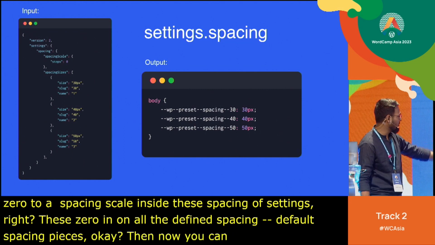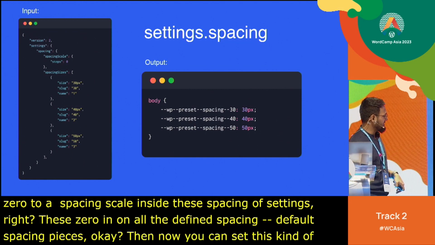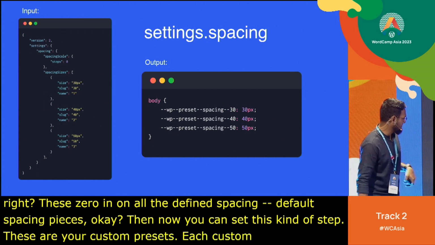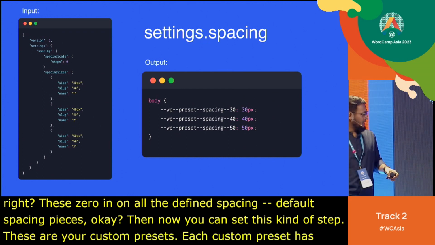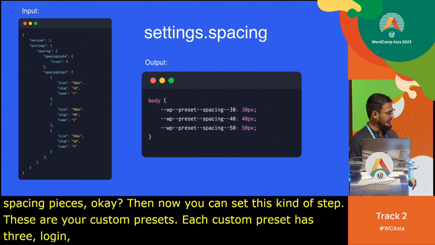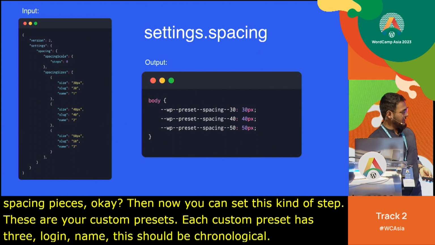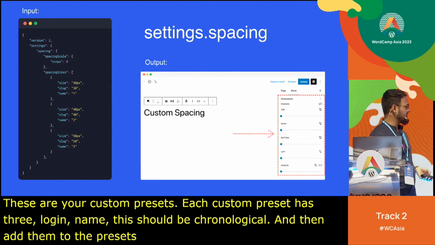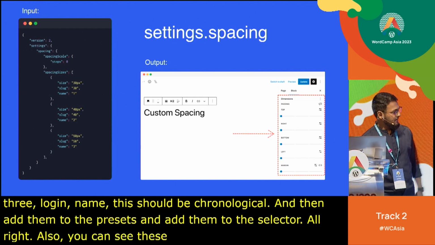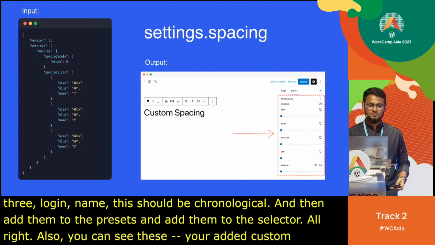This is your custom presets. Each custom preset has 3 key value pairs: size, slug, and name. This should be chronological. And then as the output, WordPress generates those presets and adds them to the body selector. Also, you can see your added custom spacing affected in the site editor.